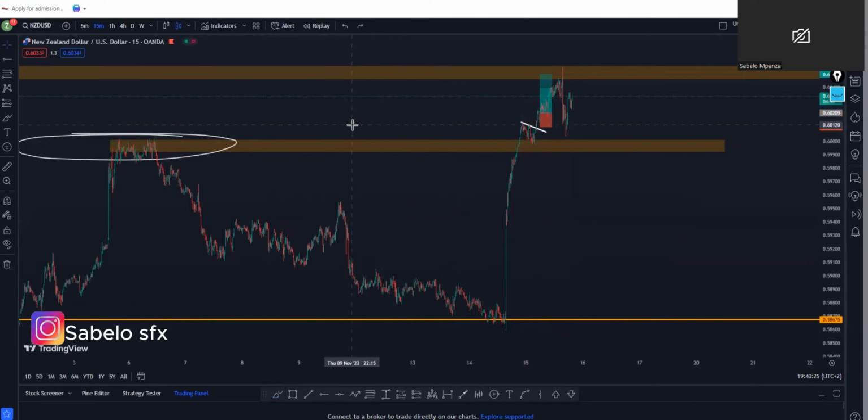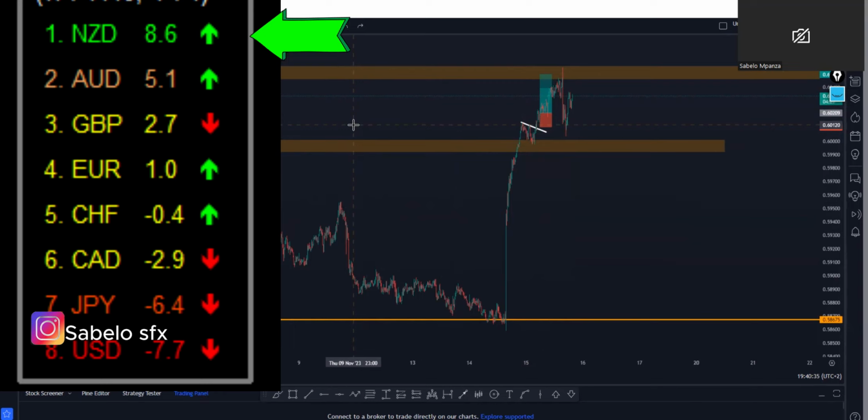But remember that your currency strength meter must be in line with your price action. Your NZD must be bullish with +5 and above, and your USD must be below -4, maybe -6, -7, -8, then you are ready to go.